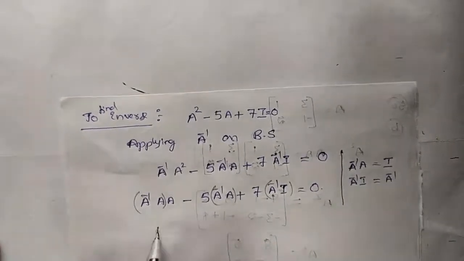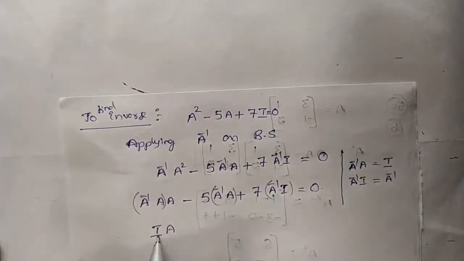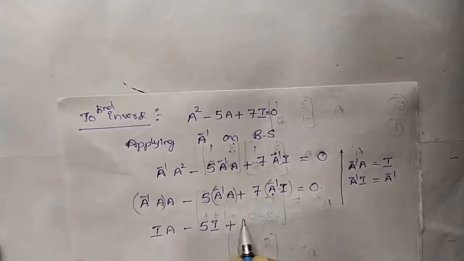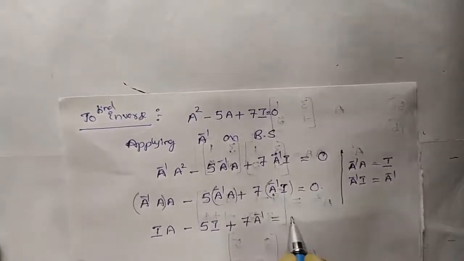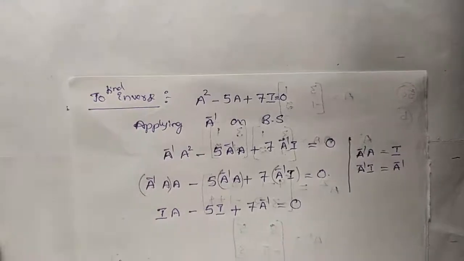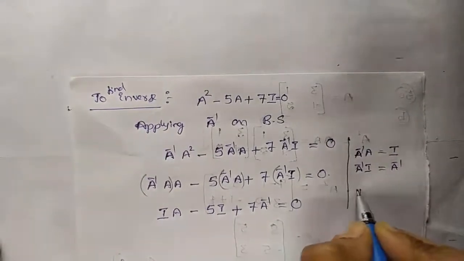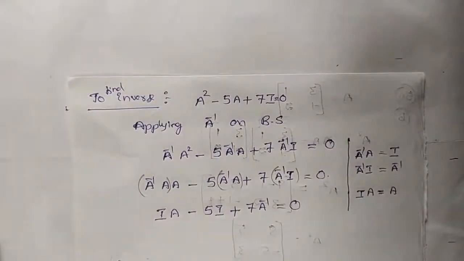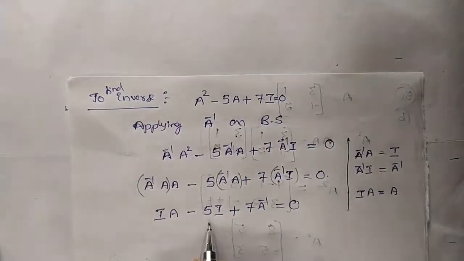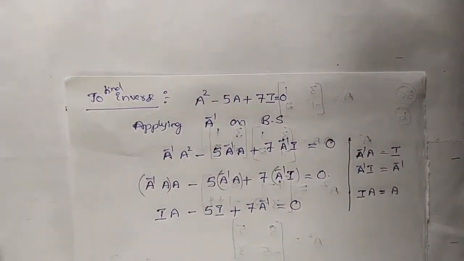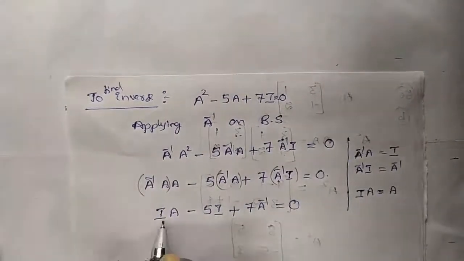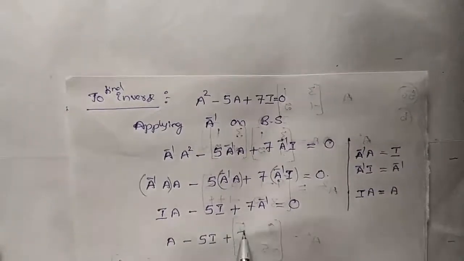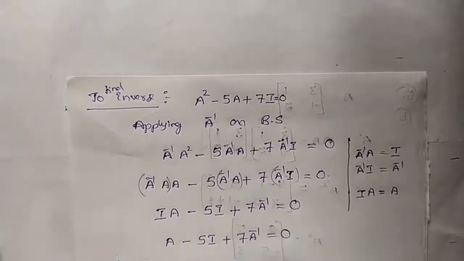So A inverse into A is I, which means identity matrix, minus 5I again plus 7 A inverse is equal to 0. Also, we know that the matrix I into any matrix is again that matrix. I into A is what? A minus 5I plus 7 A inverse is equal to 0.